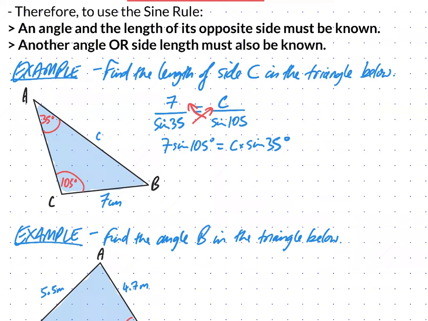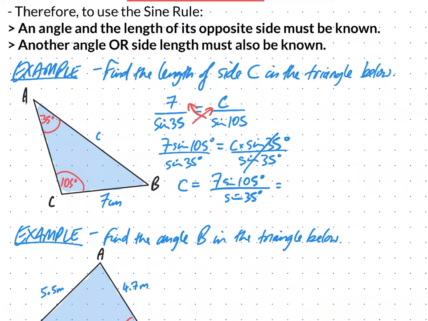But I want c, so I need to get rid of the timesing by sine of 35. So I divide both sides by sine of 35, which will cancel out sine of 35 on the right-hand side. So c is going to be whatever 7 sine of 105 degrees over sine of 35 degrees is.